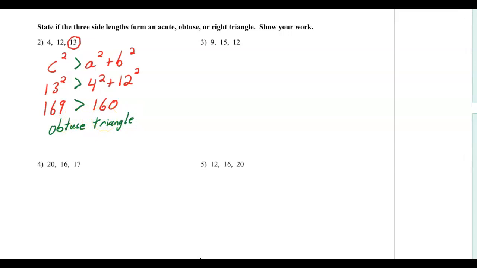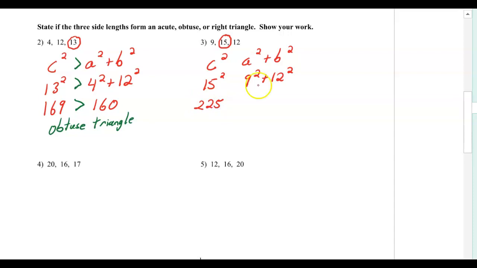In problem number 3, 15 is the largest side, so 15 will be put in for c. So 15 squared, I need to compare that to 9 squared plus 12 squared. Again, it doesn't matter which you put in for a and b. 15 squared on your calculator is 225.